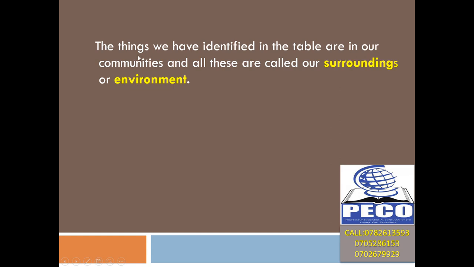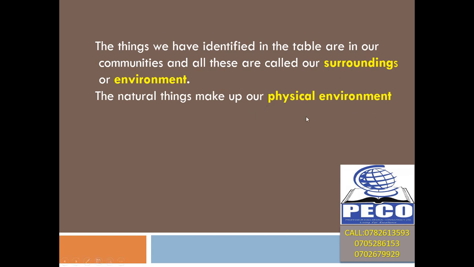So when we add the two, the natural things and the man-made things, which are around us, those constitute what we call the environment where man lives. Therefore, the natural things, as I said, make up what we call the physical environment.